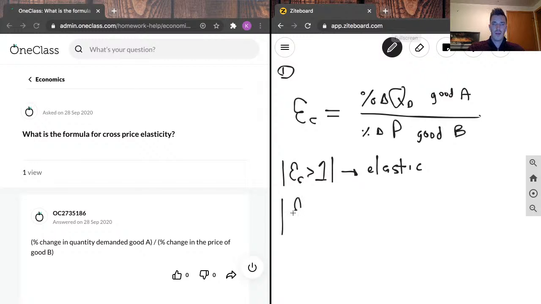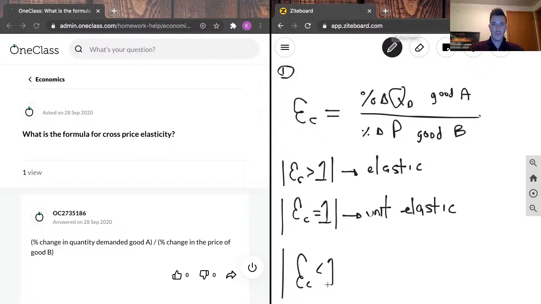If we've got a cross-price elasticity that is equal to 1, we can say that it is unit elastic. And if we've got a cross-price elasticity that is less than 1, we can say that it is inelastic.